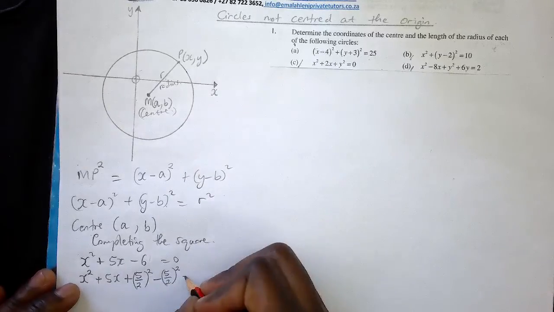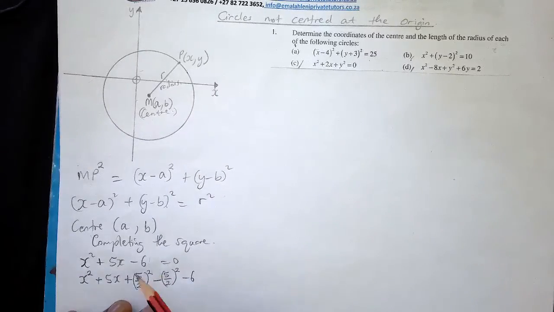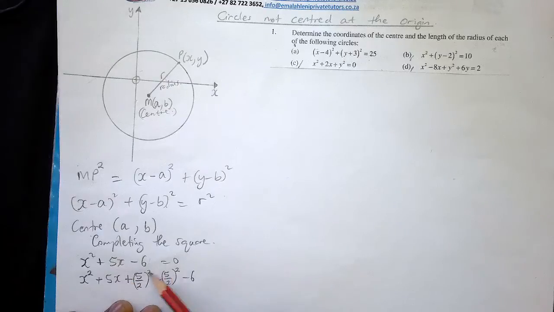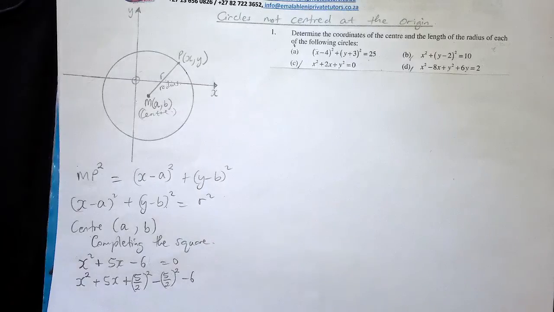Then we have minus 6. Can you see what we're doing here? We are adding and subtracting, so this is actually 0. (5 over 2) squared minus (5 over 2) squared is 0. So we are modifying it.